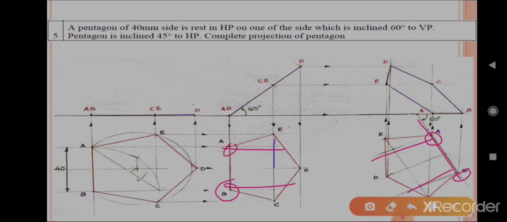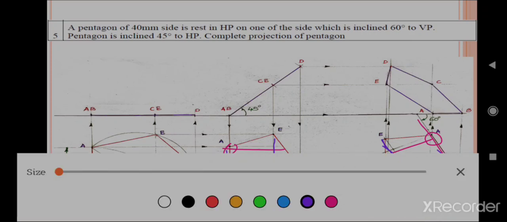After the perpendicular line, there is again a perpendicular or cutting line to this line. We can take the distance from AB to this and mark this line.